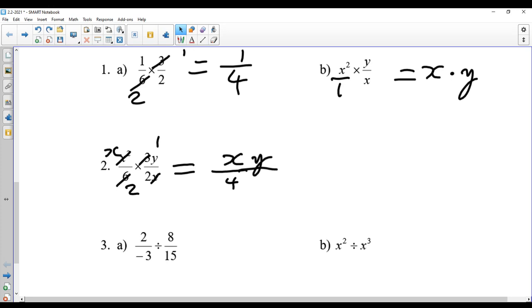Okay, let's talk restrictions now. It's your turn. So I'm coming to the front of the room, and I'm going to ask Manahil to help me with restrictions. Any restrictions, Manahil? You have to look at the original. What can't be 0? There are no x's in the denominator, though. No, in the numerator, sorry.